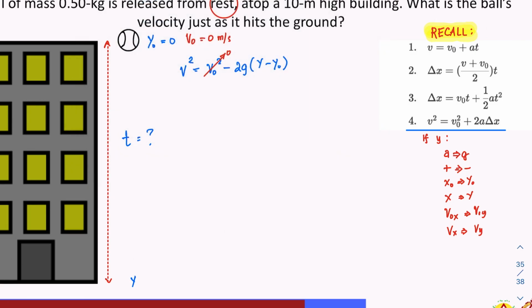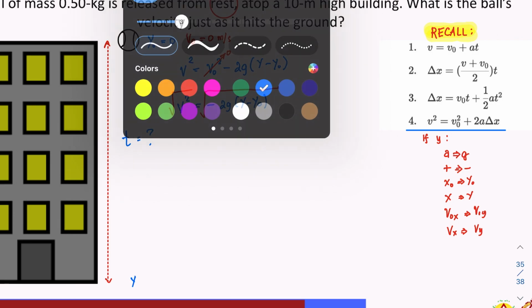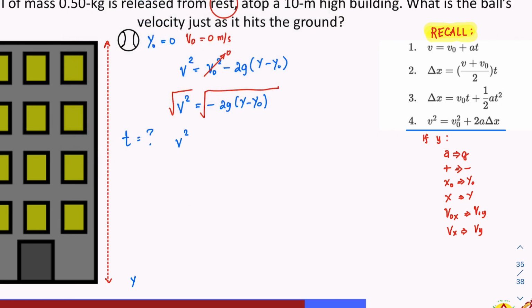Okay, so we are now left with this equation of v squared is equal to negative 2g (y minus y naught), and I'm just going to take the positive root on both sides. So you do that, you do that. So do not fret about the negative. It will all make sense later. v is equal to the square root of negative 2g (y minus y naught).